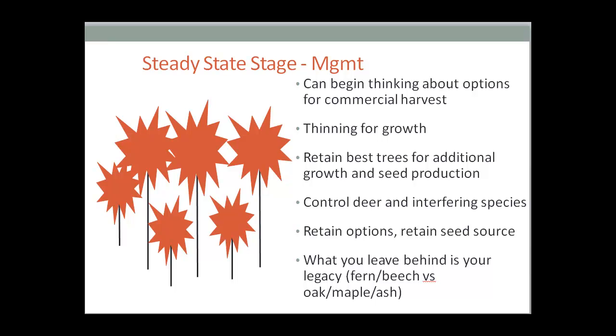Even if they're missing from a forest, if we create the right conditions, those species will be present and can establish. So as management activities are occurring in the steady state or the old growth phase, we need to be very conscious to what we're leaving behind because that is our legacy.